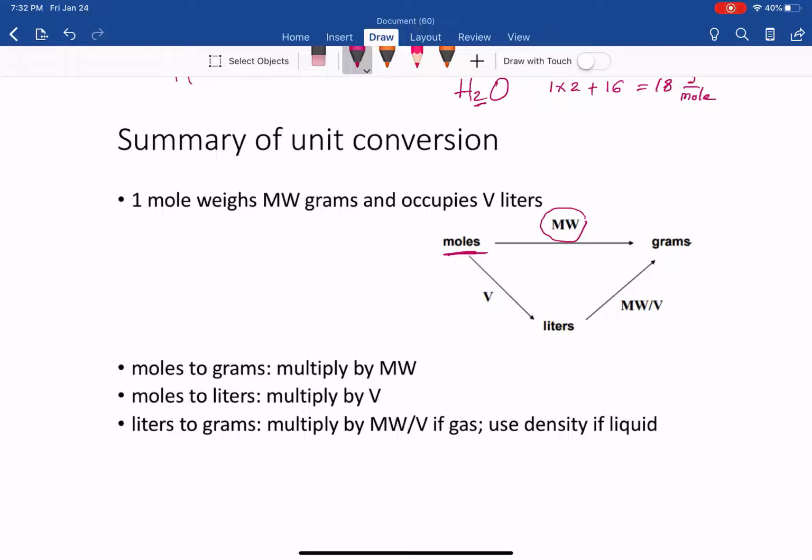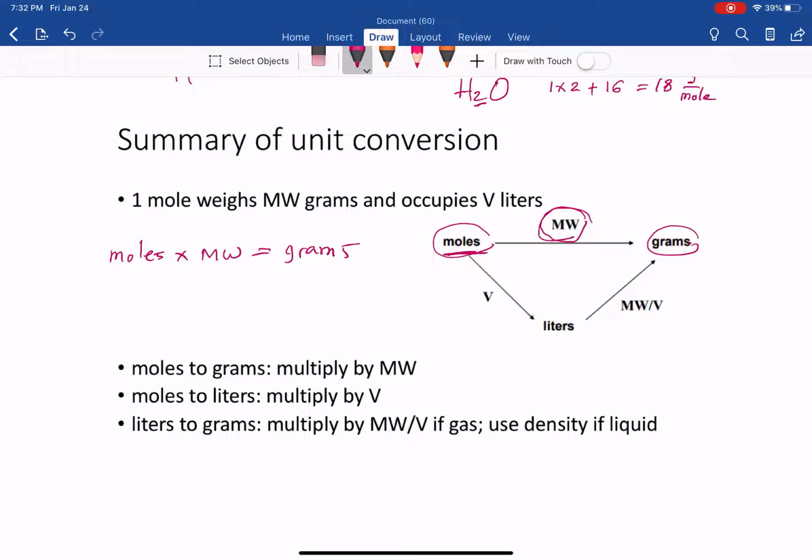Remember, the grams is equal to molecular weight times number of moles. That is the same thing we did a few seconds ago. Same thing, moles times molecular weight equals mass in grams.